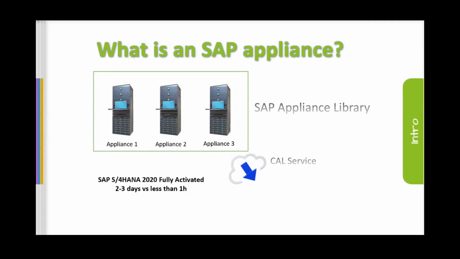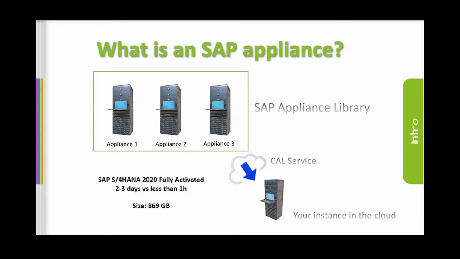When you activate an instance in SAP Cloud Appliance Library, what you are doing is mirroring the appliance of your choice to your own instance instead of making the installation from scratch. It will be like copying the PowerPoint template to your own computer to start working on it. Just as a curiosity, the size of a fully activated appliance of S/4HANA 2020 is 869 gigabytes.